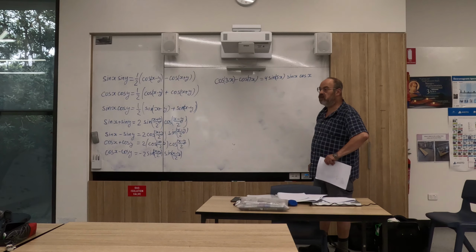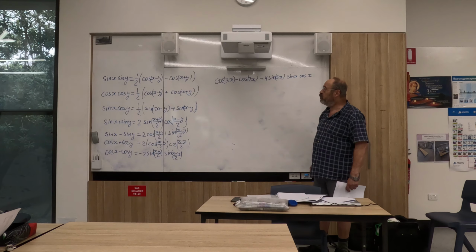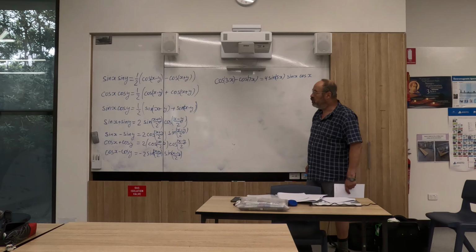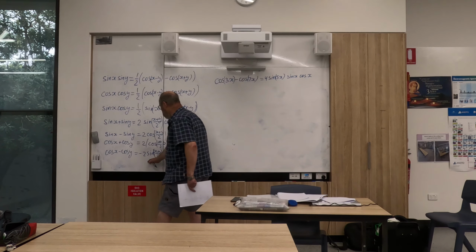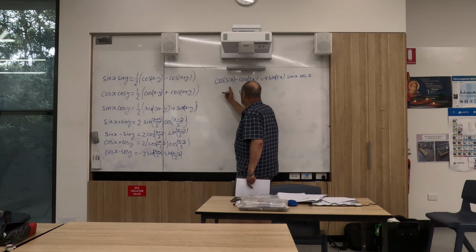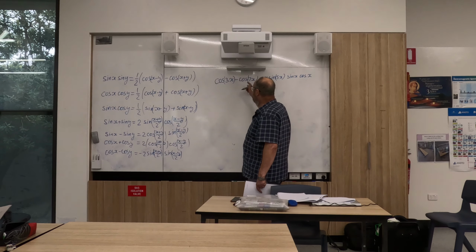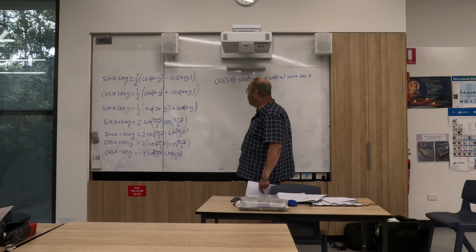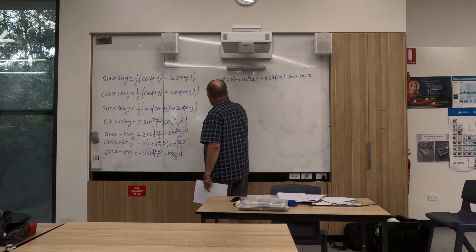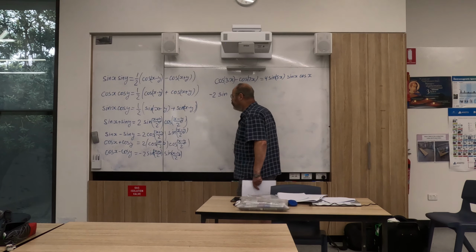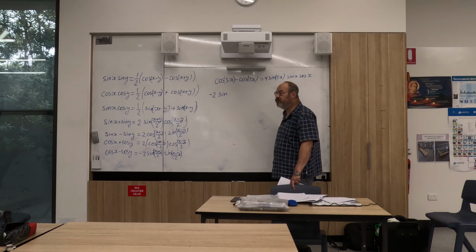So let's apply the formula for the difference of 2 cosines, cos x minus cos y equals this. So we have x is 3x, y is 7x. So we will get the left hand side equal to negative 2 sine, what will be x plus y on 2?